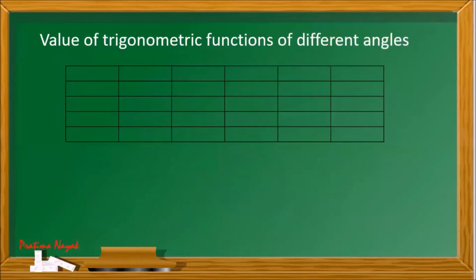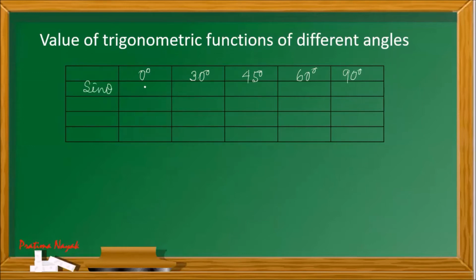Next, what else have you learned? You have learned the trigonometric functions of different angles: 0 degree, 30 degree, 45 degree, 60 degree, and 90 degree. You know all the trigonometric ratios.